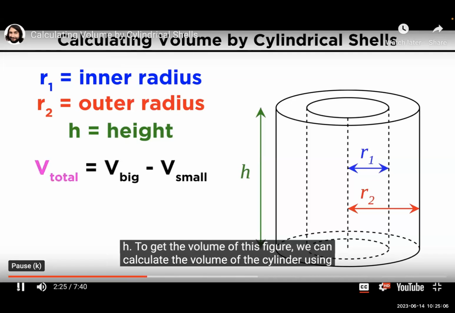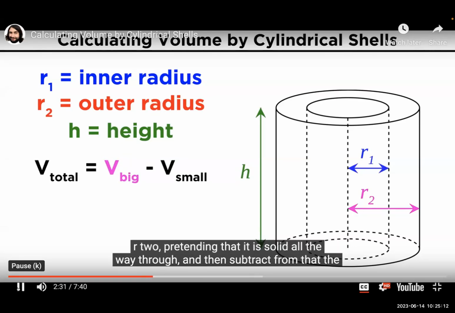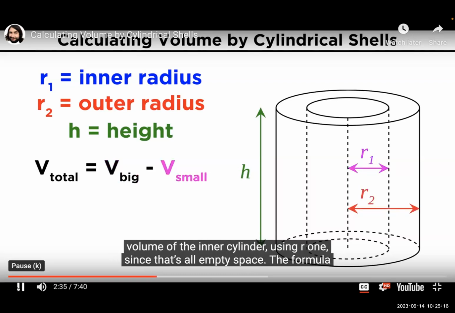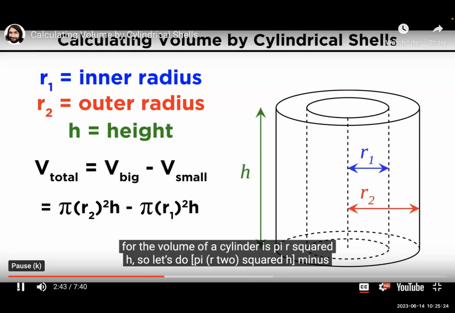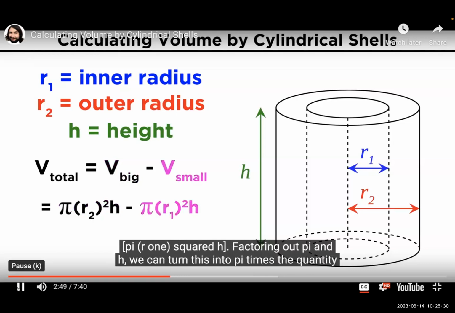To get the volume of this figure, we can calculate the volume of the cylinder using R2, pretending that it is solid all the way through, and then subtract from that the volume of the inner cylinder using R1, since that's all empty space. The formula for the volume of a cylinder is pi r squared h. So let's do pi r2 squared h minus pi r1 squared h.